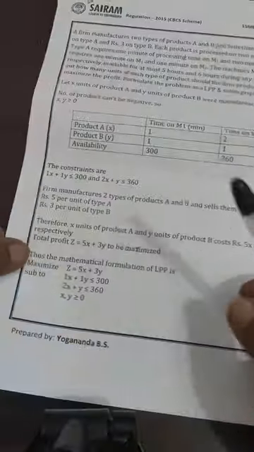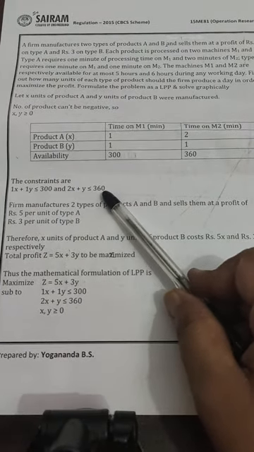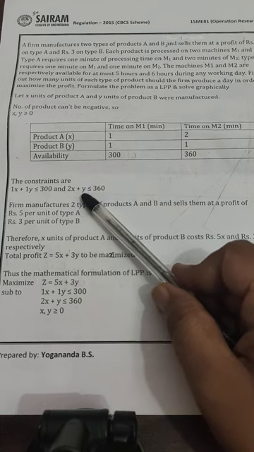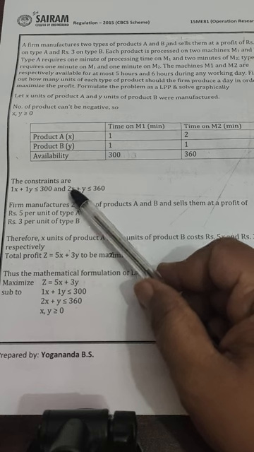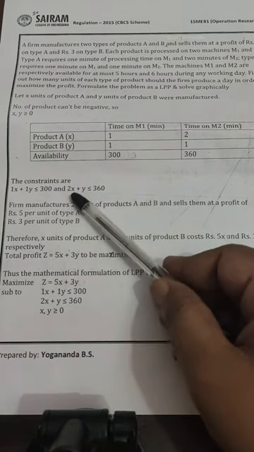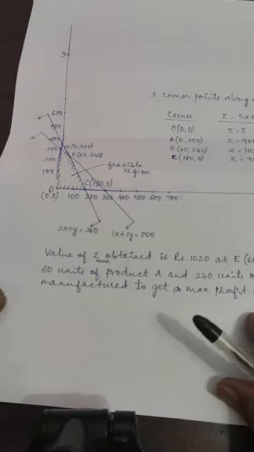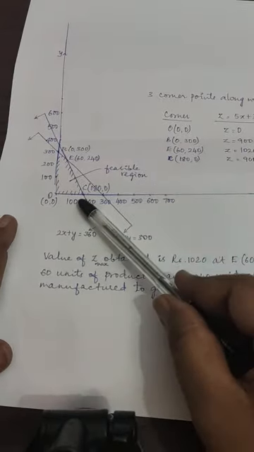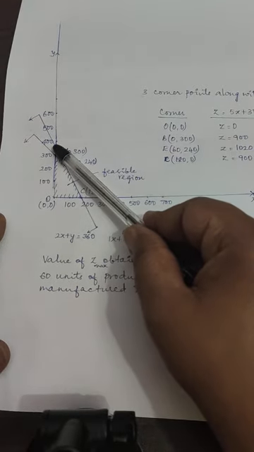Then the other constraint is 2X plus Y equals 360. If X is 0, Y becomes 360. If Y becomes 0, X is equal to 180, so 2 into 180 becomes 360. So the coordinates are 180 and 360. Here on the X-axis, 180 is marked, and on the Y-axis, 360 is marked.